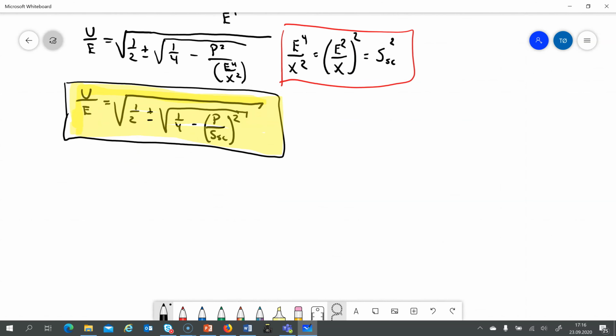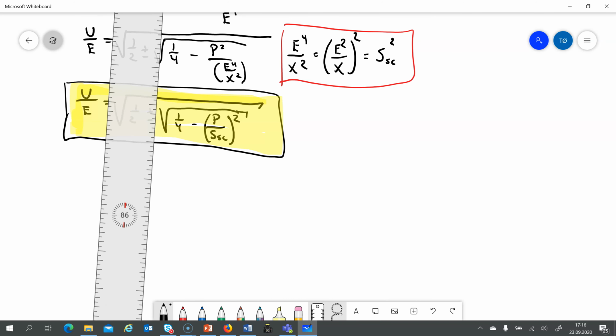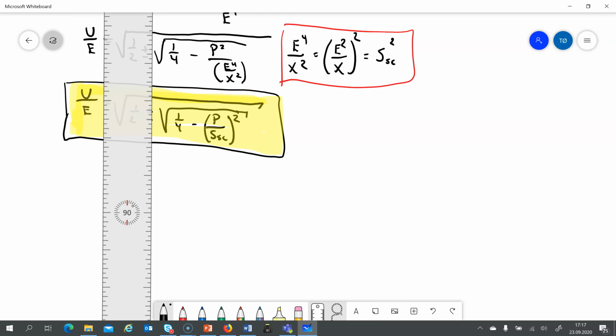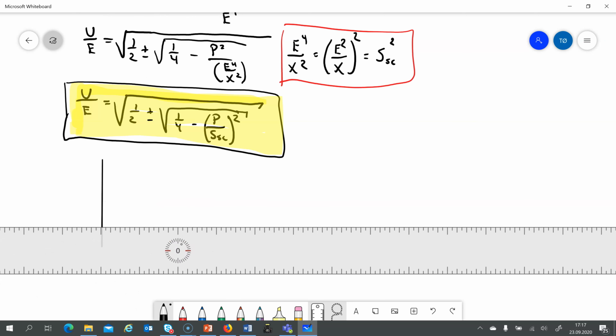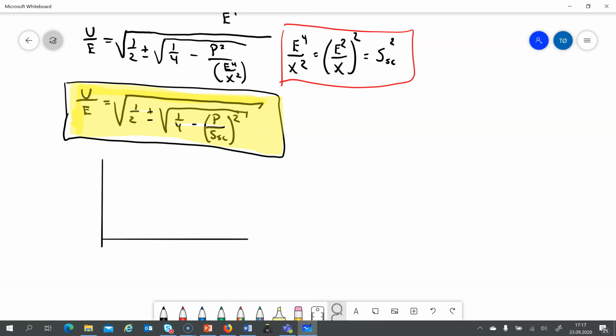So if we then draw this figure, we can try to see something like this.